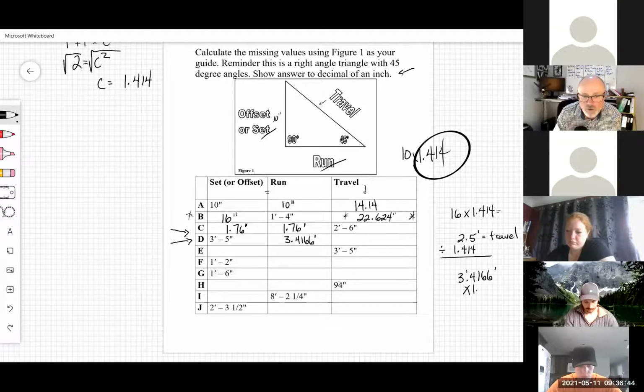And this is 1.414 times longer. So my travel in this should be 4.831 feet. Is everybody with me with this? Pretty easy stuff, yeah? Is it okay? Everybody's okay with this? Excellent.